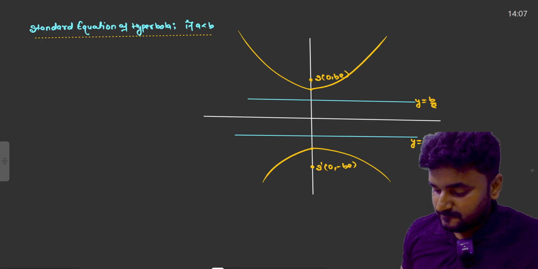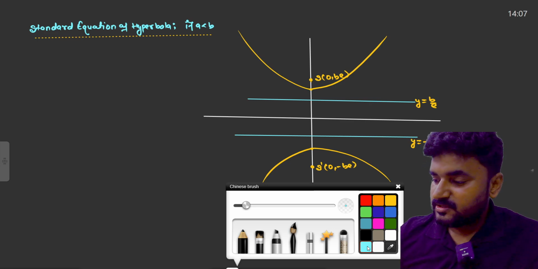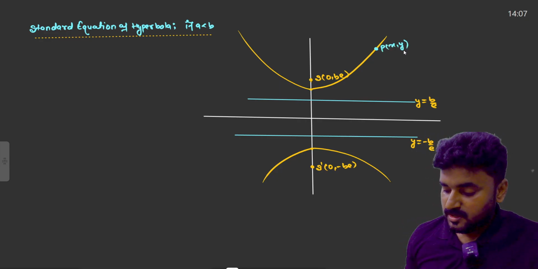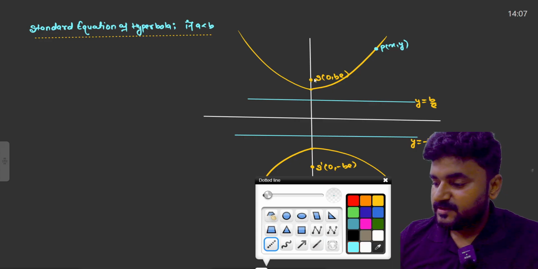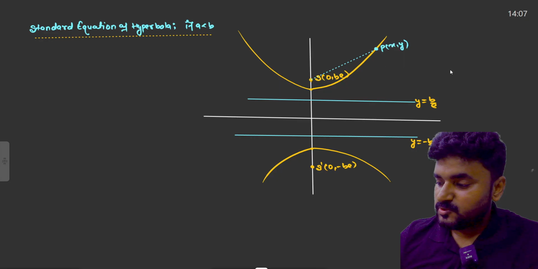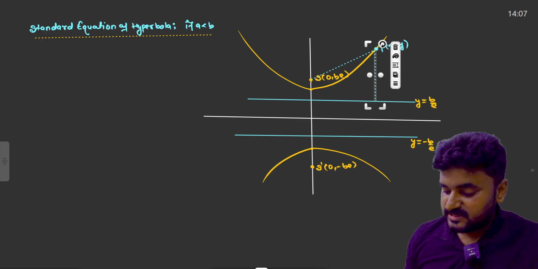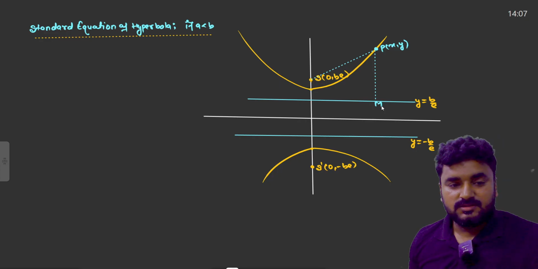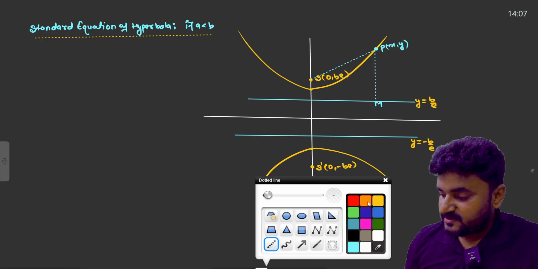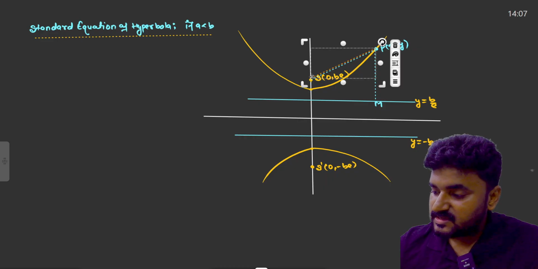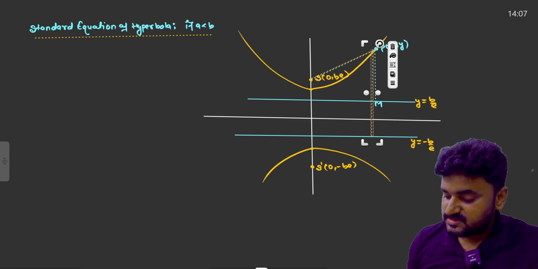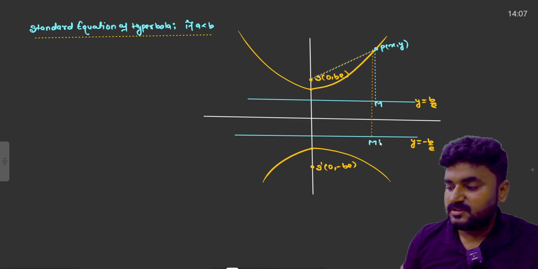Now you see I am taking any point P on the hyperbola. This P is the moving point, say as the locus, and this point P I will connect with S, and also I will drop the perpendicular on the directrix, M. You can also take this P to S dash and drop the perpendicular on the second directrix at M dash.